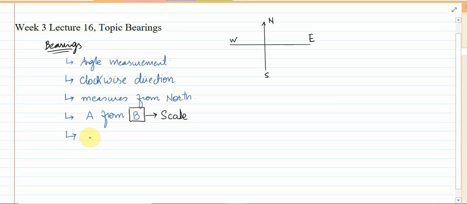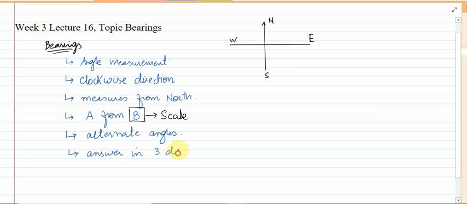After that, while doing bearings, you need a good concept of alternate angles, right? I will explain it to you as well, but we need a good concept of alternate angles because we are repeatedly using it in bearings. You must know that the answer of a bearing must always be in 3 digits.